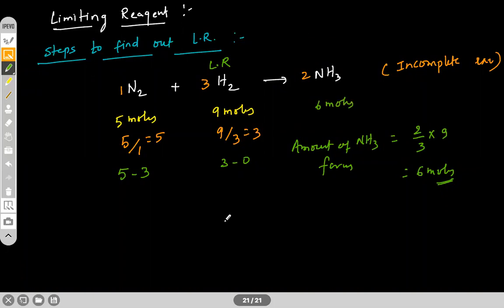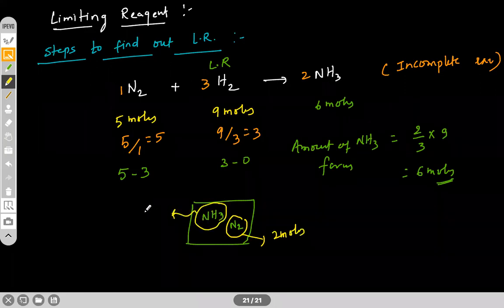In the reaction vessel, when the reaction gets over, we have NH3 and N2 present. The number of moles of N2 left is 2 moles, still there in the reaction. The NH3 formed is 6 moles.